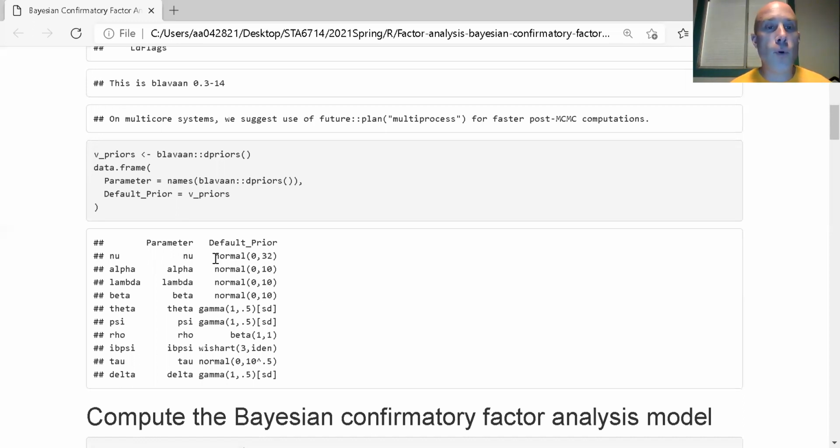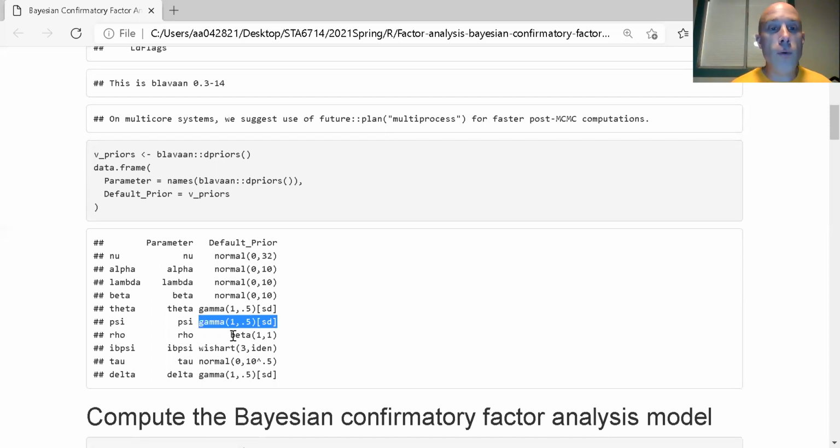Now, the nu parameter is normal, 0, 32. Then alpha is normal also. Lambda is normal. Beta is normal. And then when we get to theta and psi for the standard deviation, these are gamma distributions. All right, so for gamma, remember that has a non-negative support for the distribution, and standard deviations cannot be negative, so this makes sense.